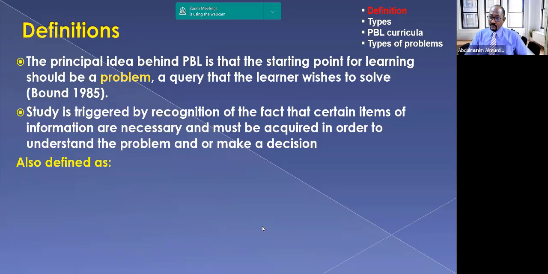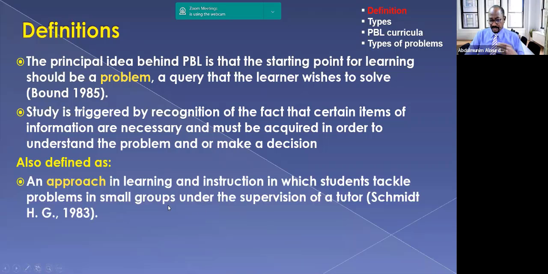Now, there are also shorter definitions. For example, before him, Schmidt in 1983 defined problem-based learning as an approach. As we mentioned in our warm-up discussion, it's an approach in learning and instruction in which students tackle problems in small groups under the supervision of a tutor. Also, you see, this definition and this approach was introduced 37 years ago.